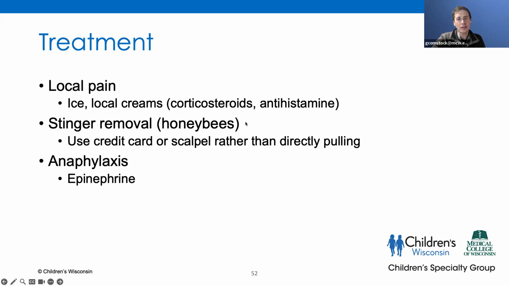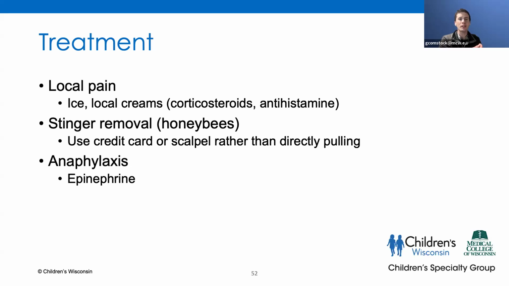The part that I think is maybe not completely intuitive amongst these otherwise more intuitive interventions is the stinger removal for the honeybees. Keeping in mind that these are the barbed stingers, I've seen mixed comments as to whether there is the chance to still have venom in the gland that's attached to the stinger.